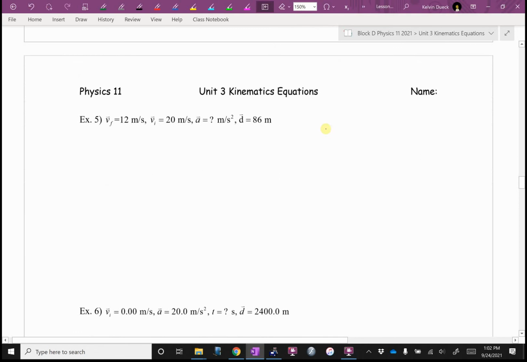Example 5. Zach, which equation? First of all, what are they asking me to find? What's got a question mark next to it? Yep. Which equation?